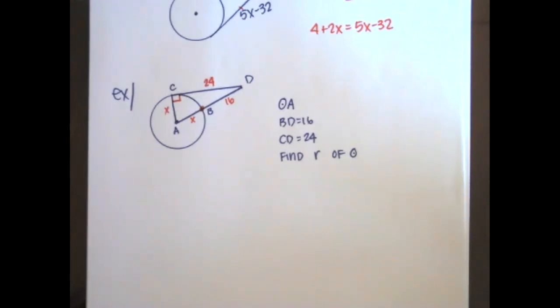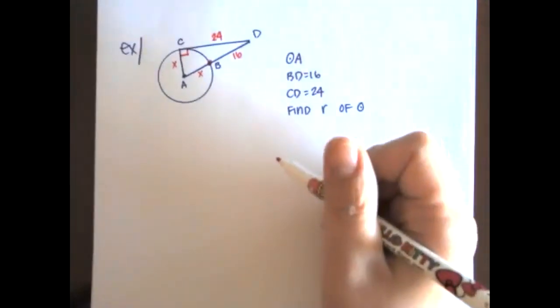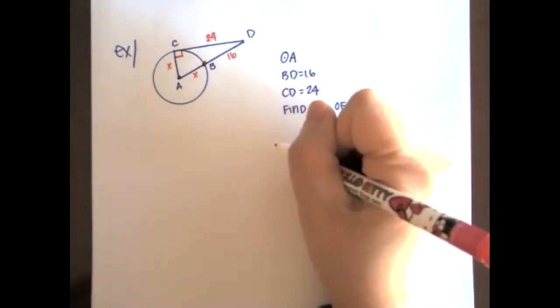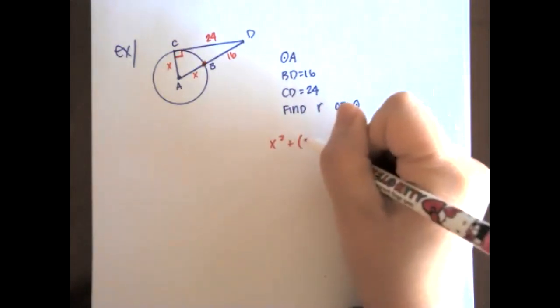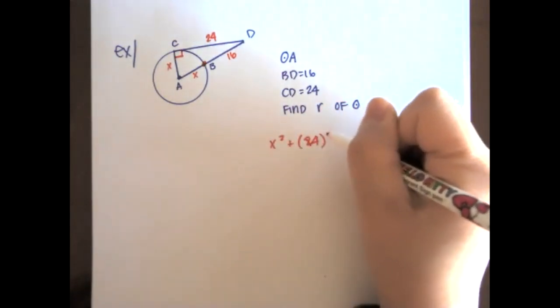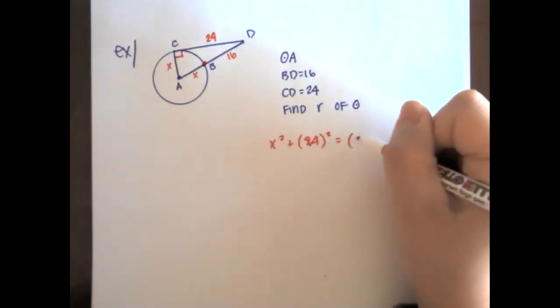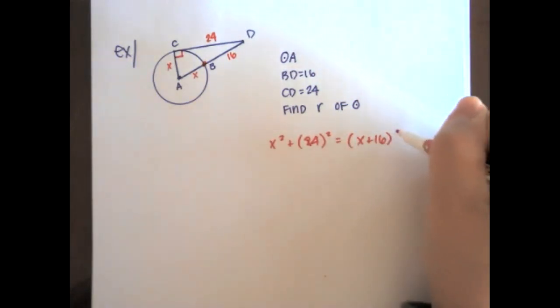And what do we do with right triangles when we're trying to figure out sides? We can use the Pythagorean theorem. So let's do that. a squared plus b squared, 24 squared equals x plus 16 squared.